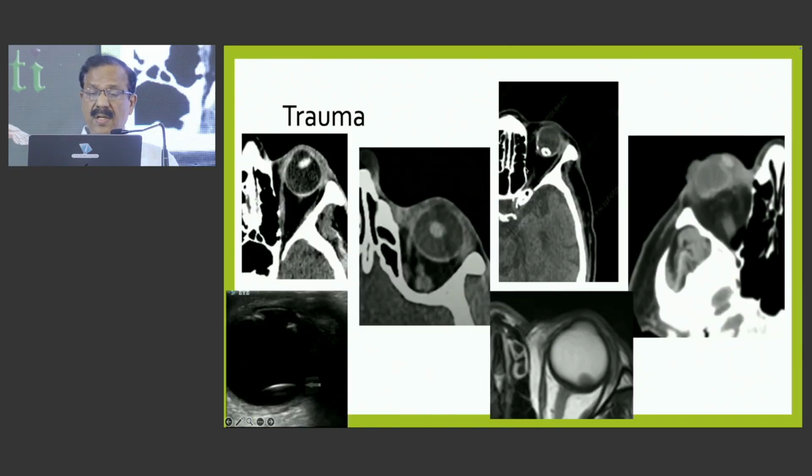Here, the lens is seen at the surface of the retina. Same patient in MRI. Here the lens is displaced outside the orbit, and the ultrasound picture shows displaced lens posteriorly.